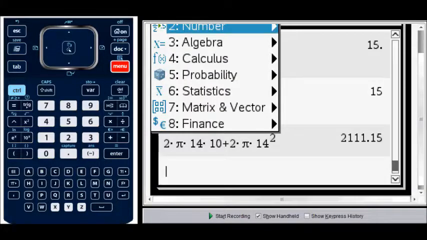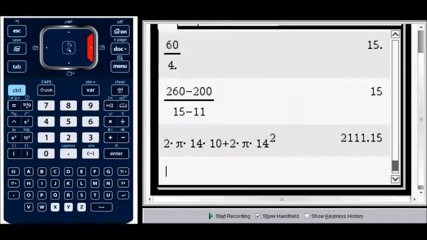Alright, I'm going to go Menu, down to Algebra, Numerical Solve, and we're going to put in what we do know. And what we do know is that we have 2,111.15, and that is equal to 8 plus 8 plus 8 plus 8. I'm going to add those together, because in Numerical Solve sometimes if you try to put a bunch of parts like that, I have had some issues, and you can't use parentheses in here for some reason.